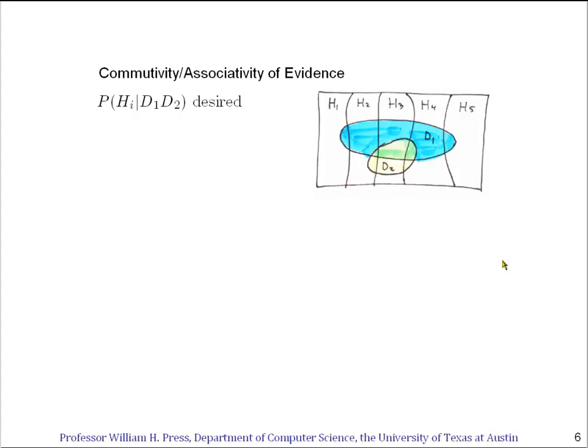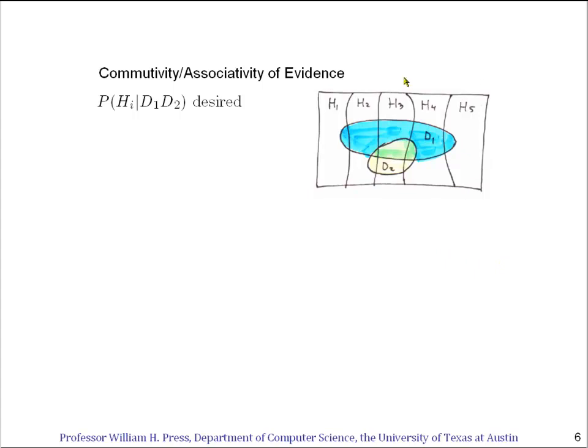Now, we've said before that to Bayesians, Bayes is a complete calculus of inference, that it should tell us everything that we need to know. And so it would be useful to check that this all works out in the sense that R.T. Cox put forth as one of his desirable propositions about any calculus of inference, that if we see two sets of data, D1 and D2, we should get the same answer independent of the order that we see them in.